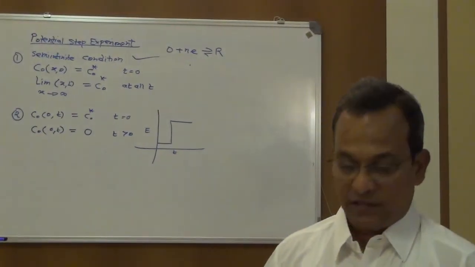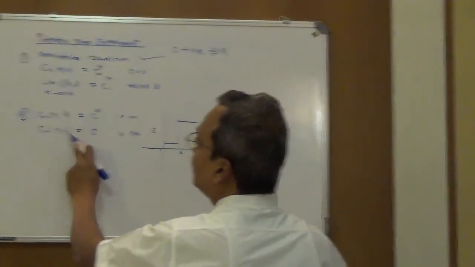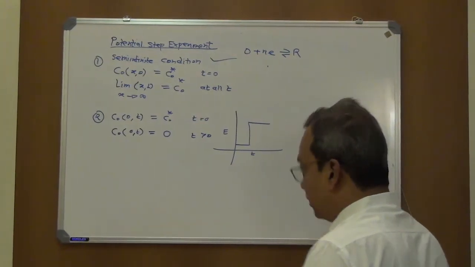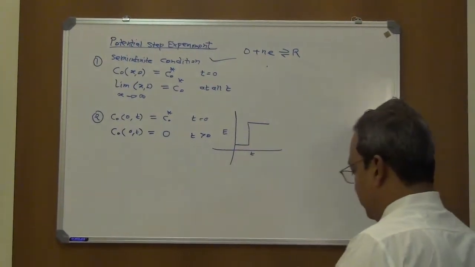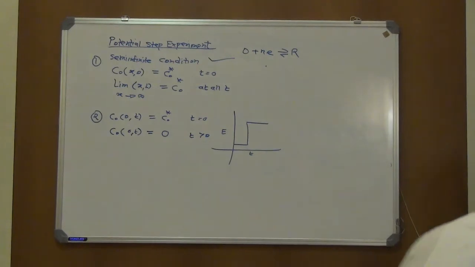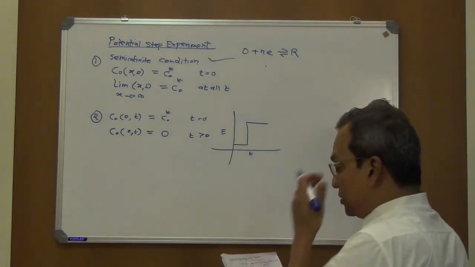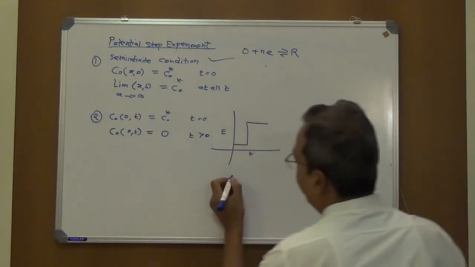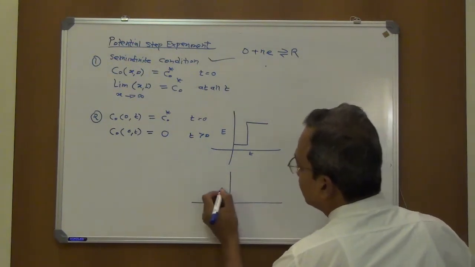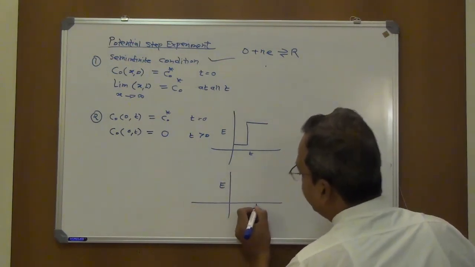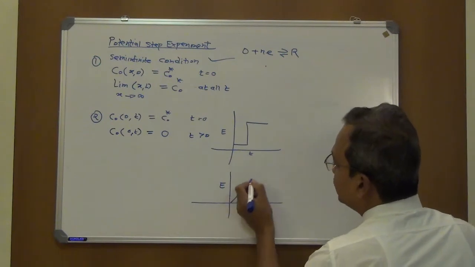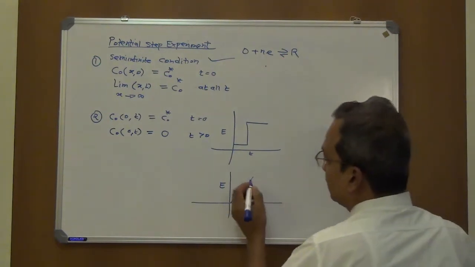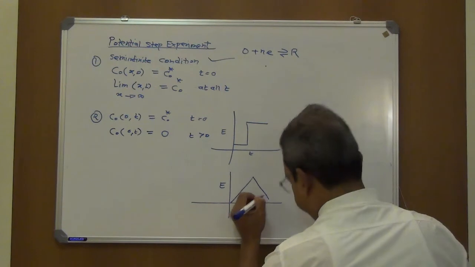But in the case of cyclic voltammetry, the semi-infinite boundary condition remains identical. But the potential step condition is now replaced by another condition, because instead of a step we have a sweep. What we have to represent here is how the potential changes with time. We already know it increases with time and then decreases with time.